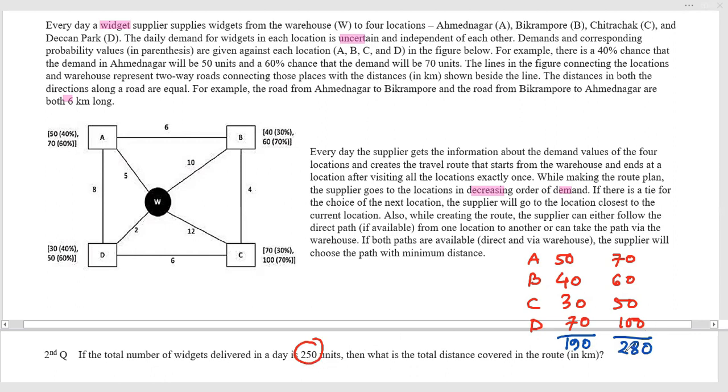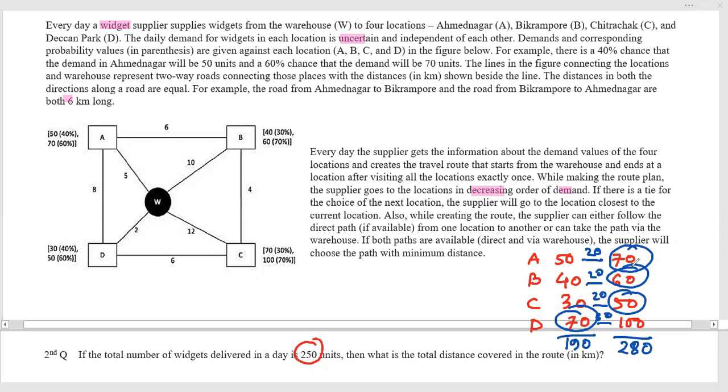So from here the gap is 30, here the gap is 20, here the gap is 20. That means if I go to this side, 20 will reduce. Here also 20 reduces, but here 30 reduces. So this is the way we will get that 30 less, which is nothing but 250.